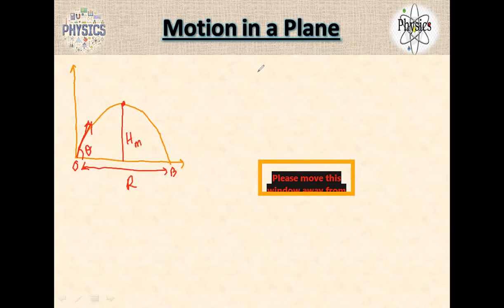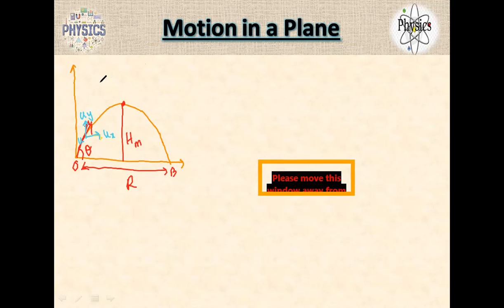Now we try to resolve this into two directions. This is not so good, so I would go for blue. I'm trying to resolve these two components. Initially it was U. This is UX, and this is UY.